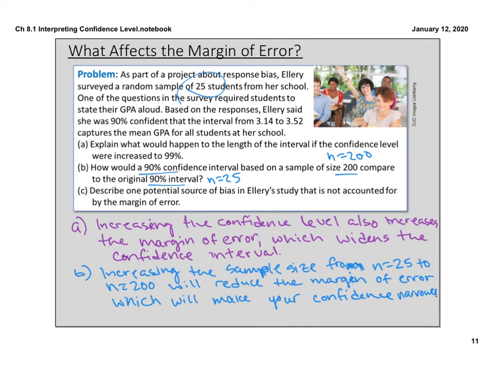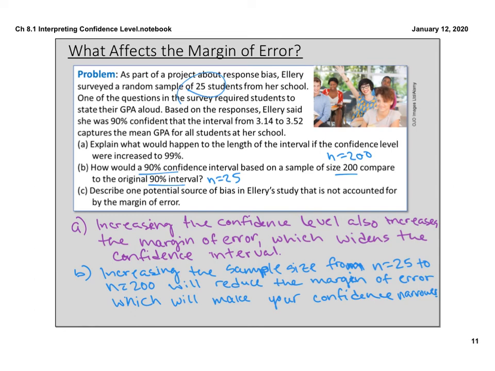So increasing your confidence level in part A makes your confidence interval wider, but increasing your sample size in part B makes your confidence interval narrower. So that's good. Okay, now let's talk about part C.